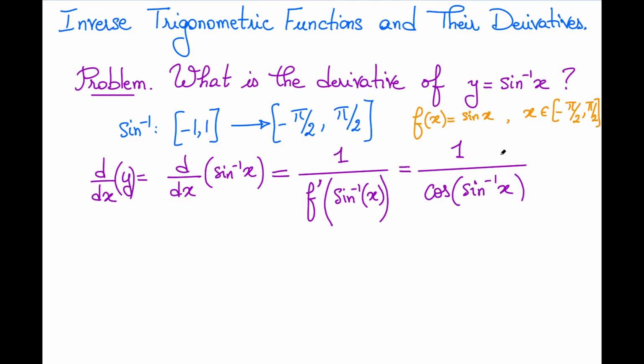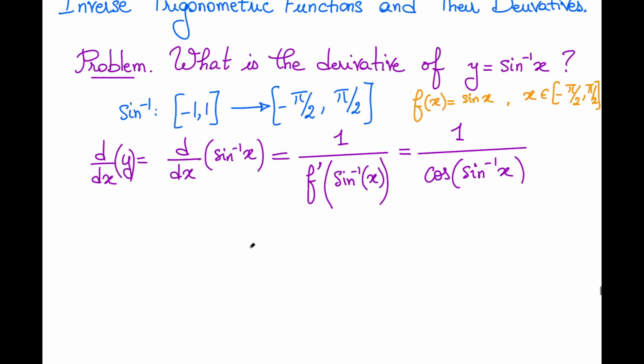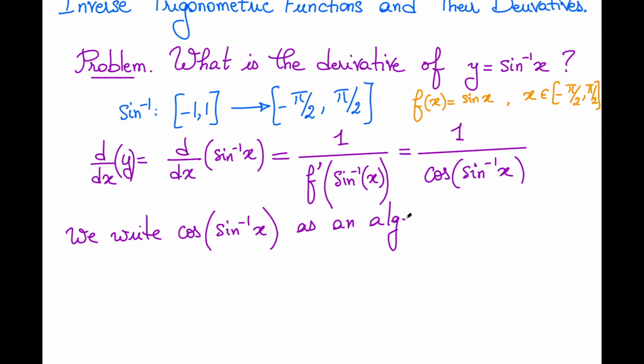And let's have now an algebraic expression in x. Okay, no transcendental functions anymore, no cosine, no trig functions. So let's rewrite this trig expression as an algebraic expression in x.